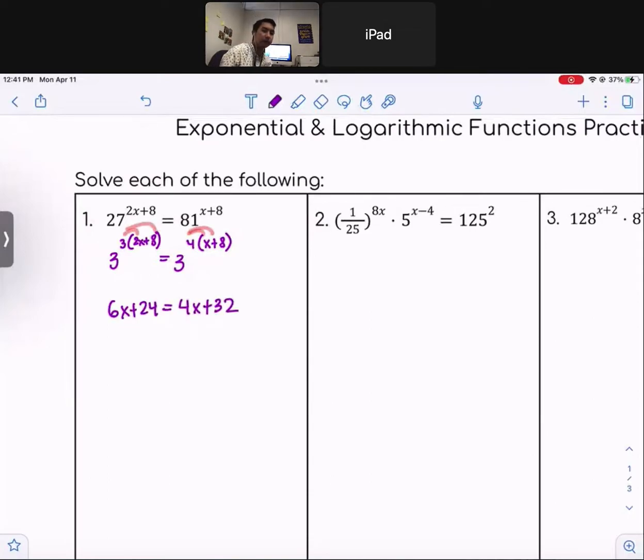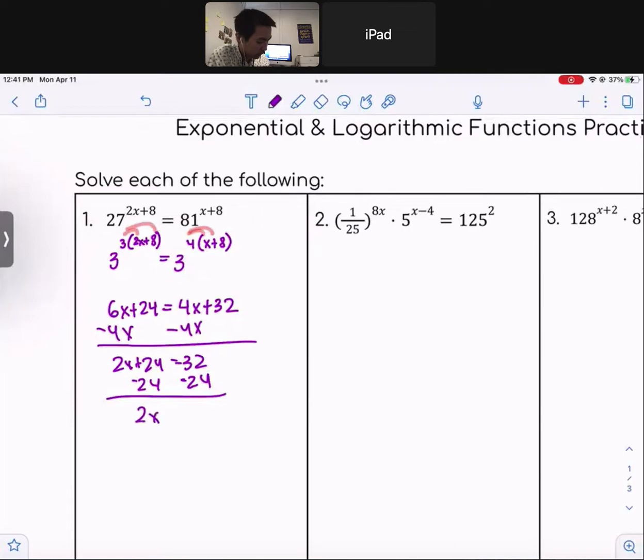And then when we solve for this, get variables on one side and get constants on the other side. So we get x equals 4.